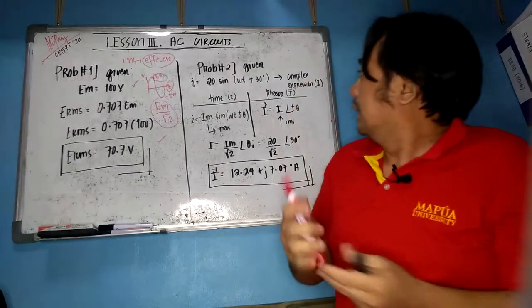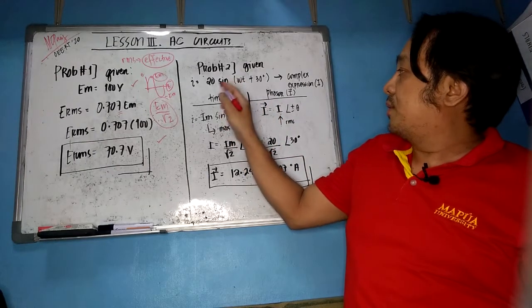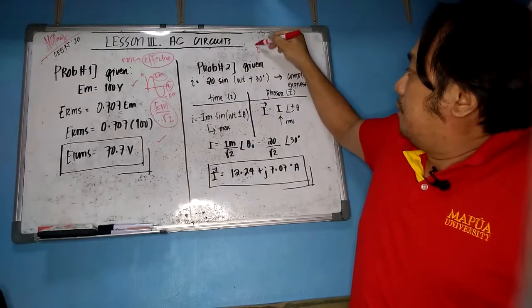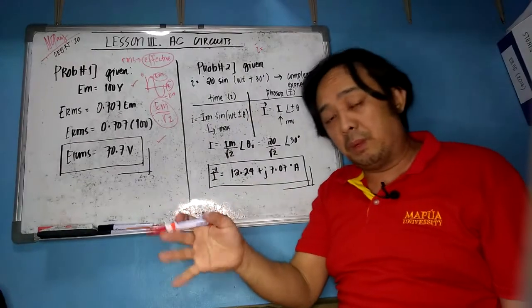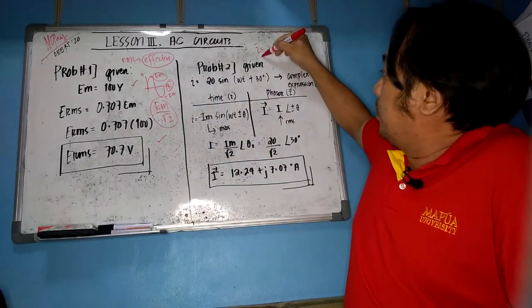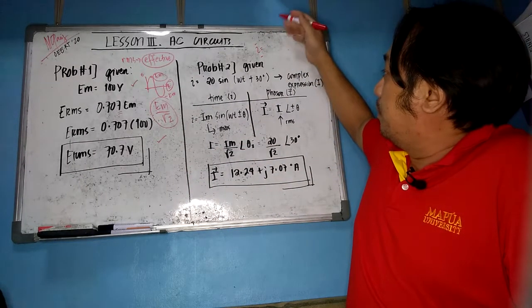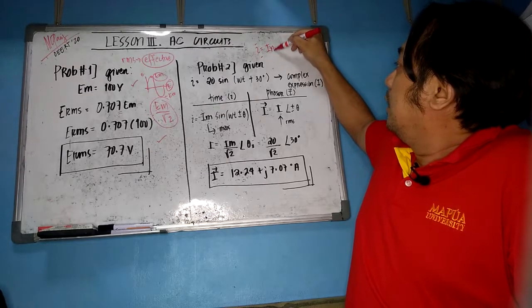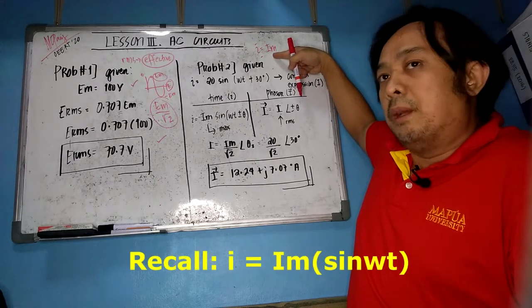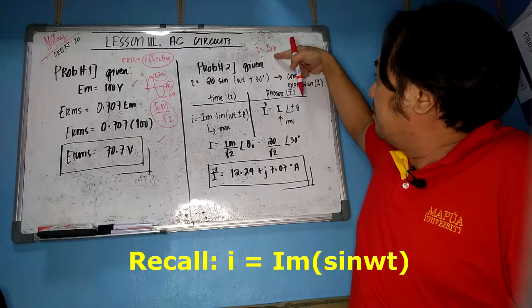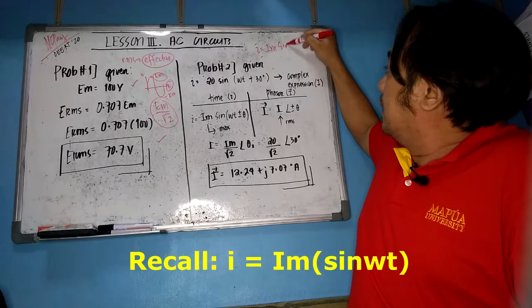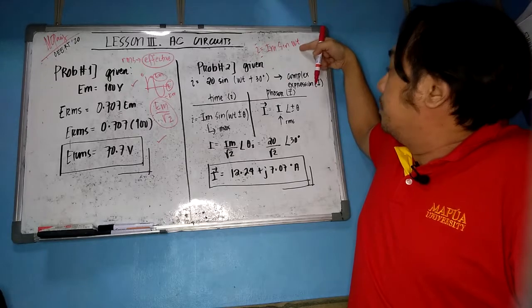So, we need to have the given first. Now, if you can still recall what we described from the basic principle, to get an instantaneous value of current and voltage, you need to know the maximum value, the magnitude of the maximum value of the current, and sine omega t, the argument.